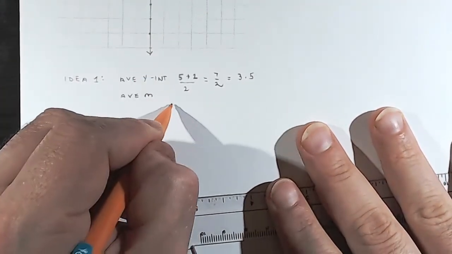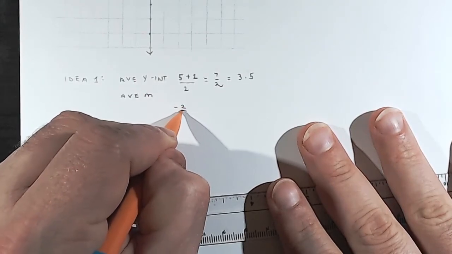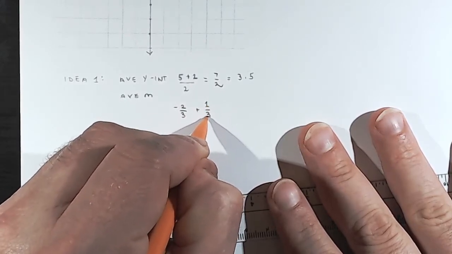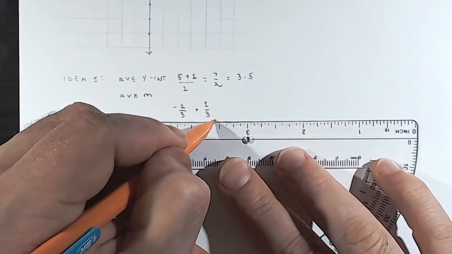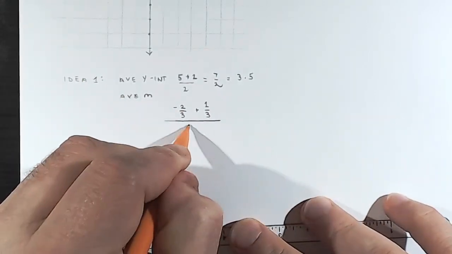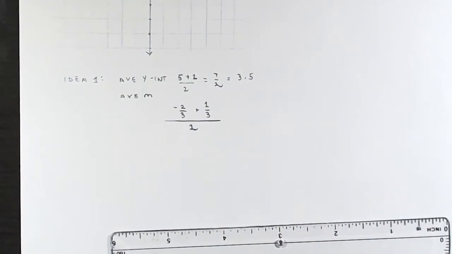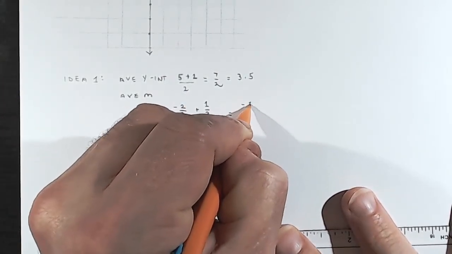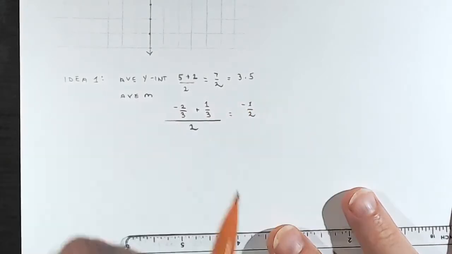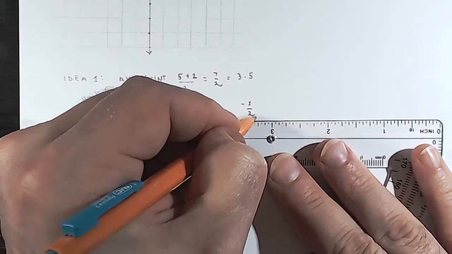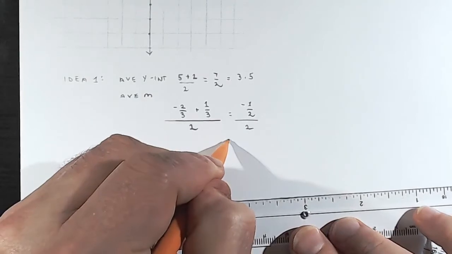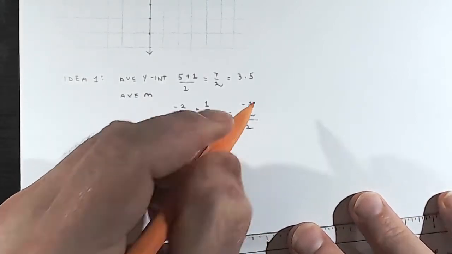So if I average the m values, I have negative 2/3 plus 1/3 over 2. Okay, well, negative 2/3 plus 1/3 is negative 1/3. Negative 1/3 divided by 2 is equal to, should be negative 1/3.